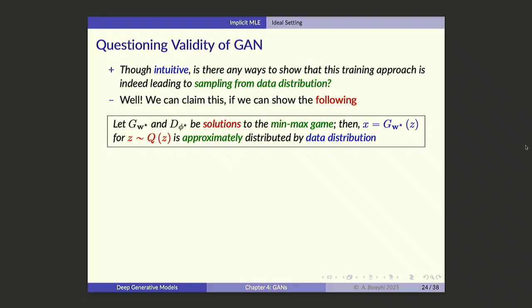But this is just words, right? There is no concrete proof that we are really doing well, meaning that what comes out of the generator is going to look like a data sample.